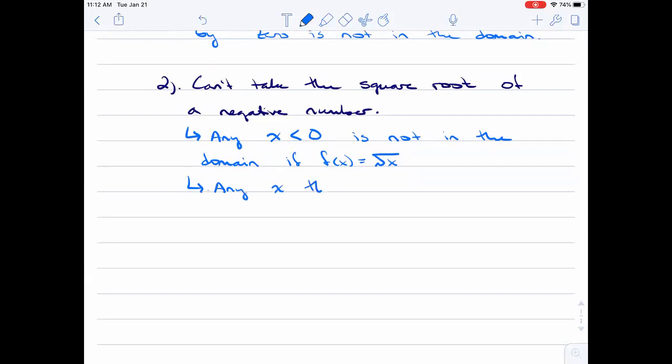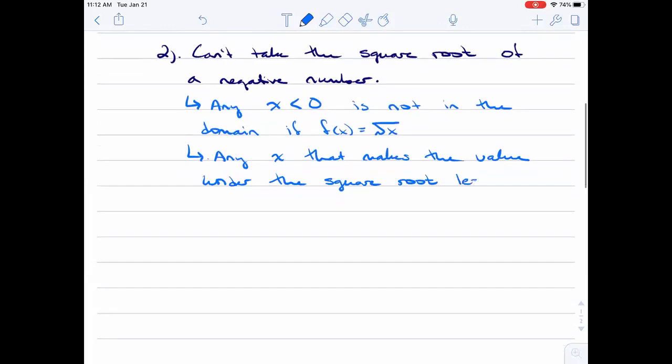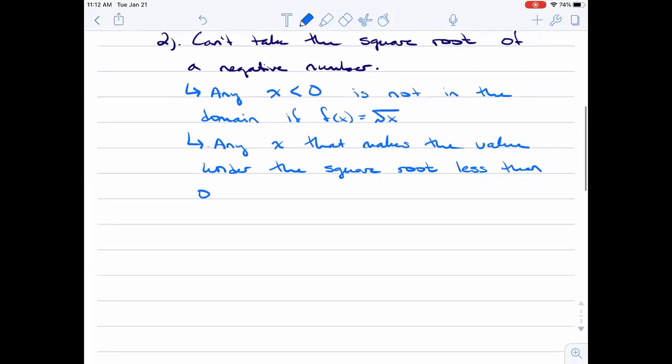Any x that makes the value under the square root less than 0 is not in the domain.